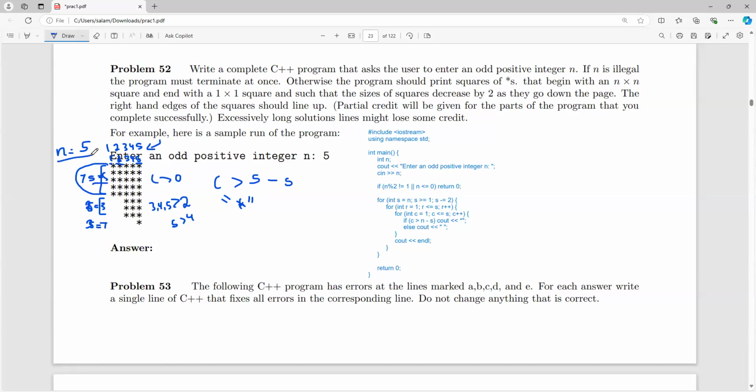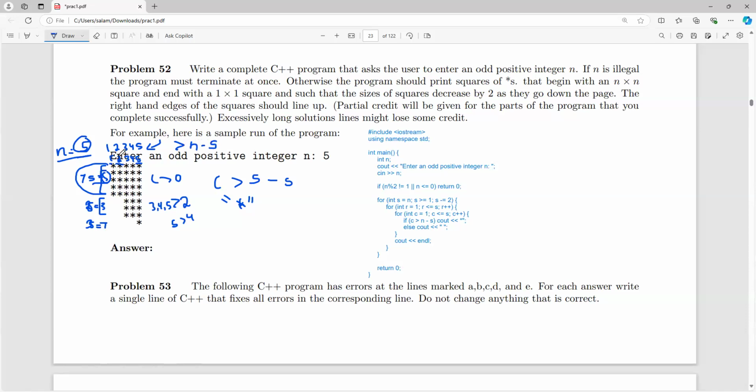And remember, we also have n here, right? We want to compare n and s to these column numbers. Well, n stays the same, and you subtract s, because s changes, s goes down by 2 each time. If the column number we're on is greater than n minus s, then print a star.